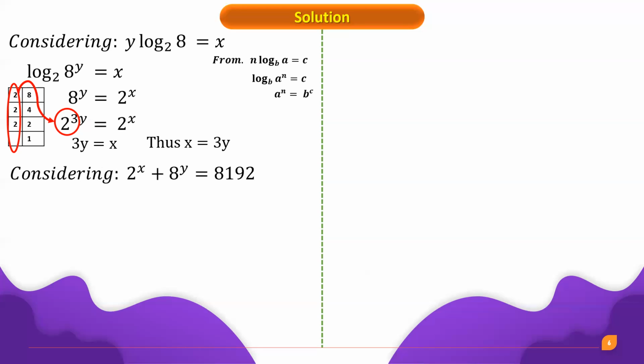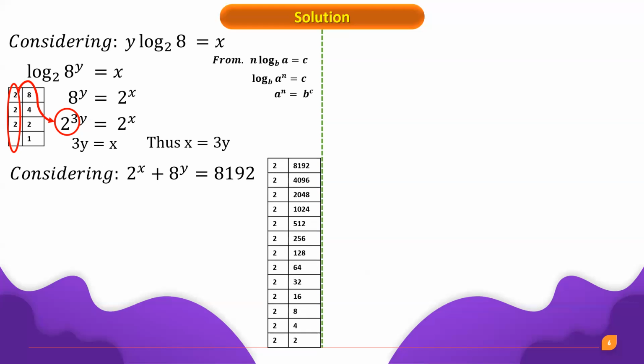Now, considering our next equation, which is equation 2, we have 2 power x plus 8 power y is equal to 8192. Since our base from the equation is 2, we have to factorize everything to base 2.